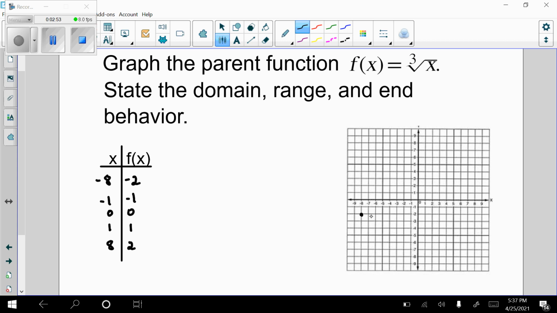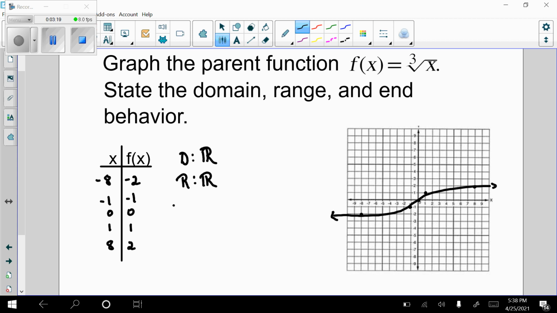So if I graph these points, I can see the cube root function looks like this. So my domain is all real numbers, and my range is also all real numbers.